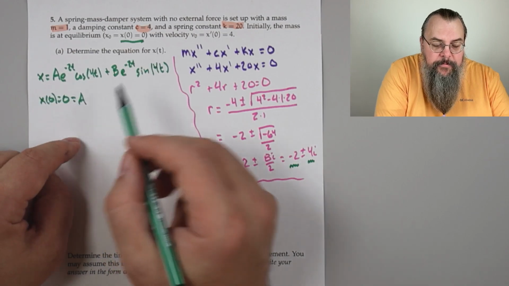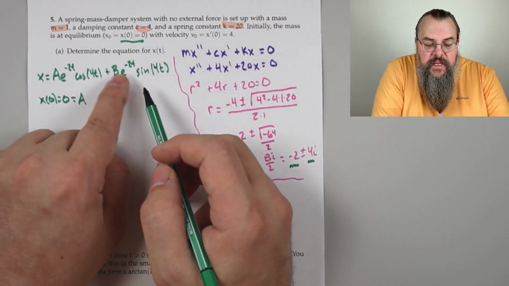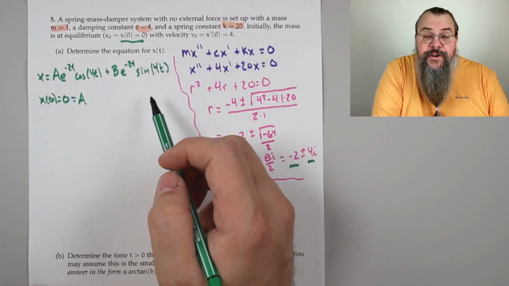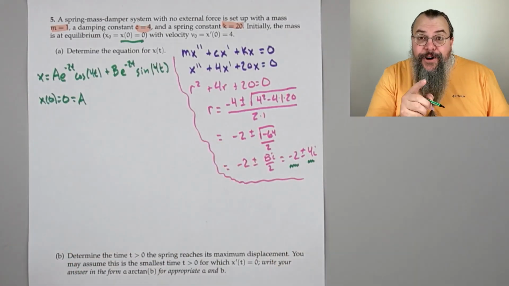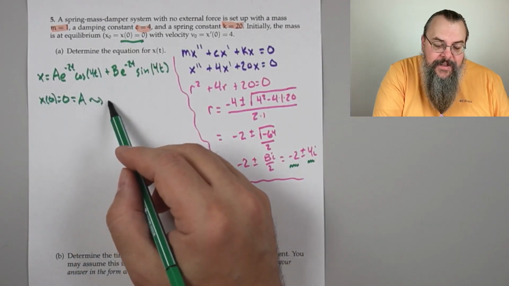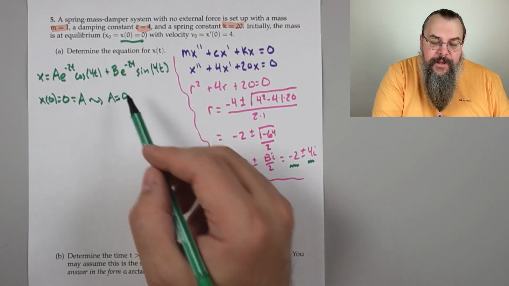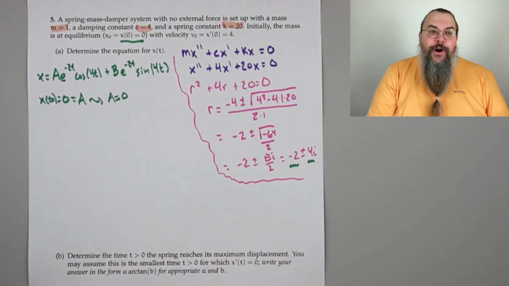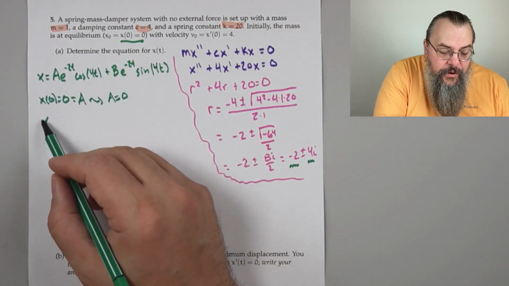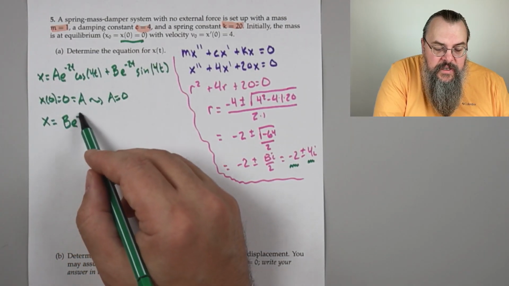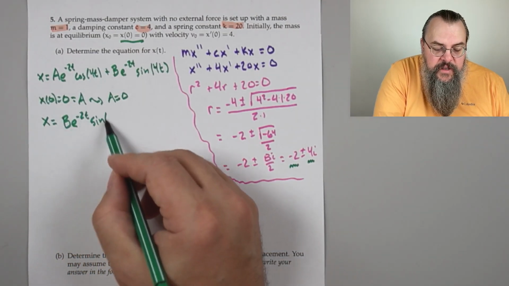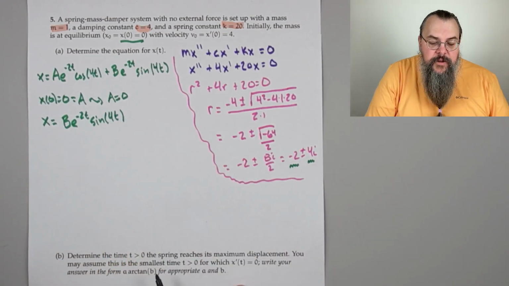That makes it a. Then we have b. e to the 0 is 1. Sine of 0 is 0. So we have 0 equals a, which we can solve for a. That tells us that a equals 0. Okay, so now we can update and say, our solution looks like some constant b e to the minus 2t sine of 4t. Okay, great.